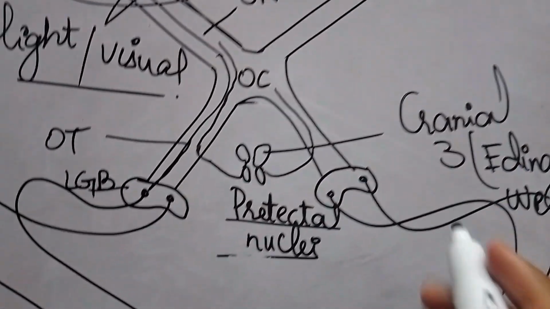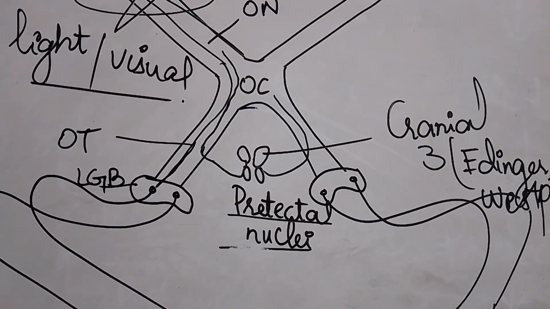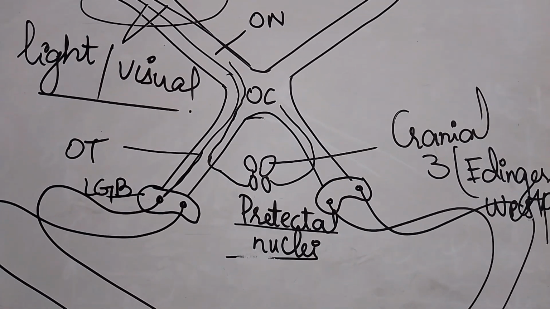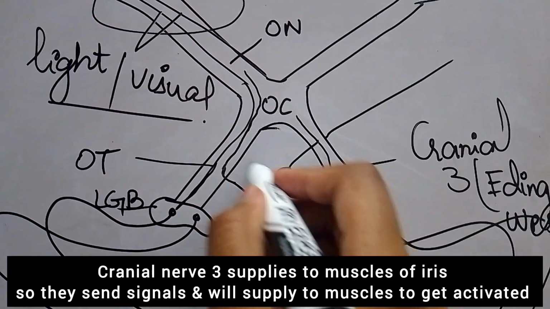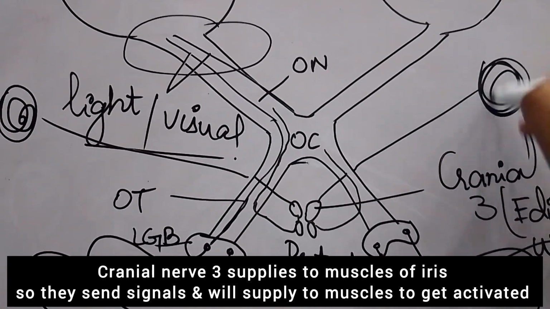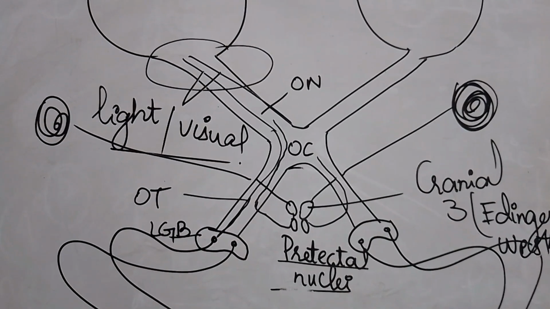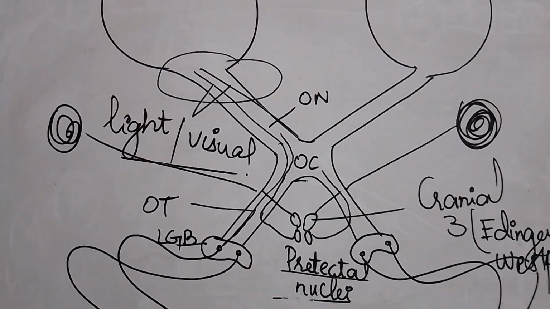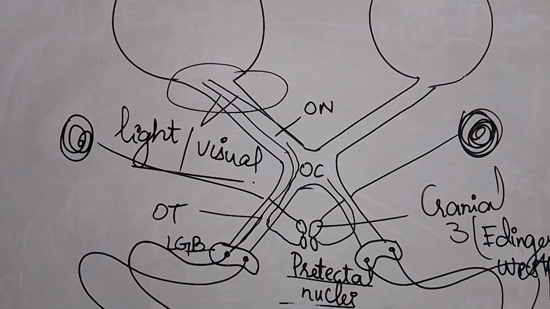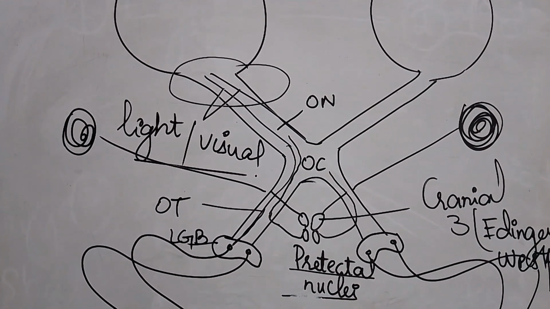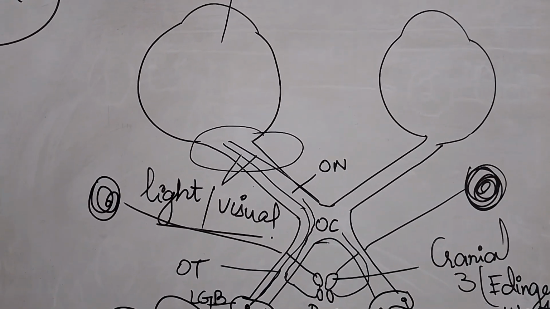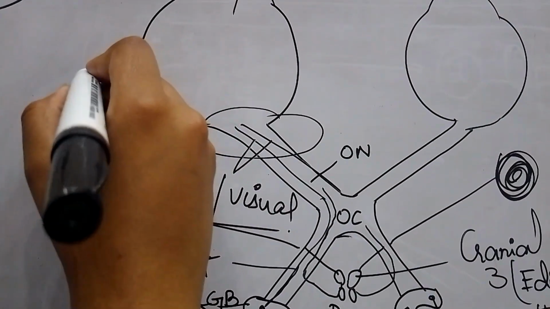right? So the Edinger-Westphal nucleus will innervate the parasympathetic nervous system, and from the Edinger-Westphal nucleus the parasympathetic innervation will move on both sides towards the ciliary ganglia, right? The ciliary ganglia will send the innervation to the muscle. Signals will move from the ciliary ganglion towards the sphincter muscle of the iris to regulate the size of the pupil via the short ciliary nerve.